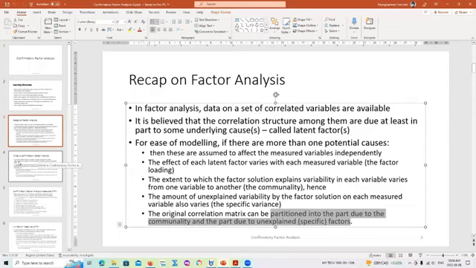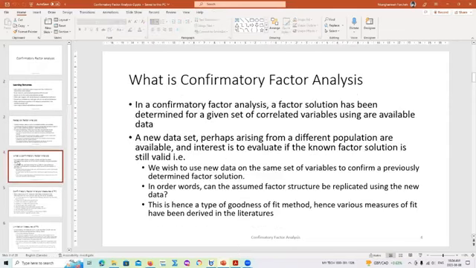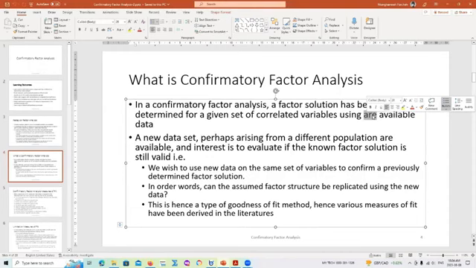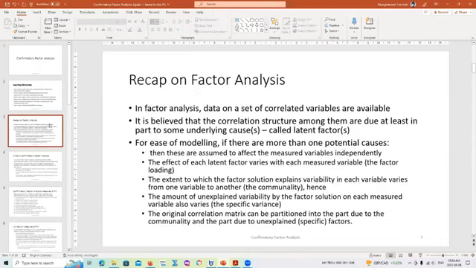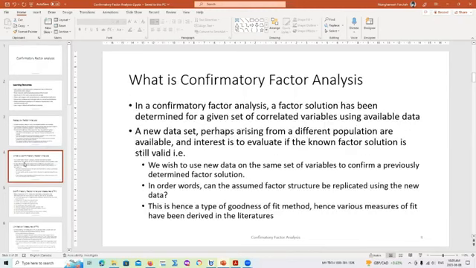Okay. So let's now go here. What is confirmatory factor analysis? In confirmatory factor analysis, a factor solution has been determined for a given set of correlated variables using available data. So we've done our factor analysis based on some data, and we've determined that the data may be divided into two factors: factor one comprised of this set of variables, factor two comprised of this set of variables.